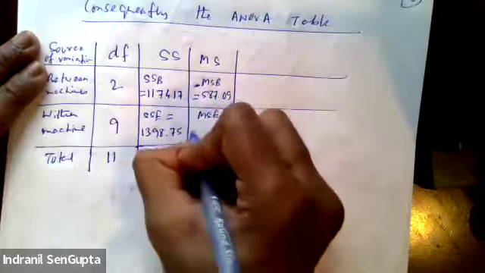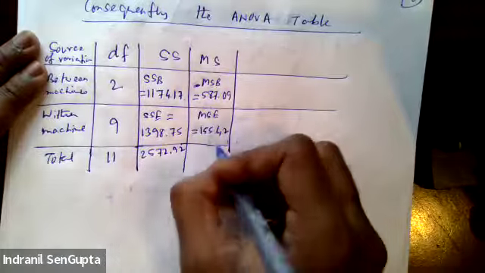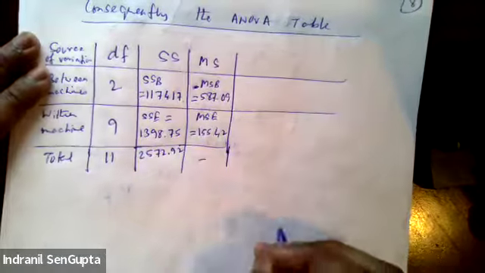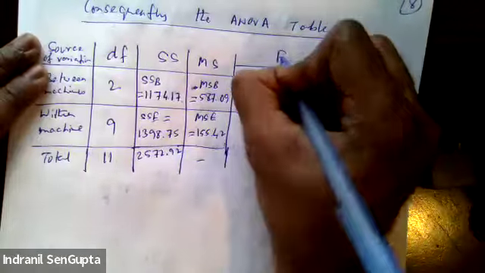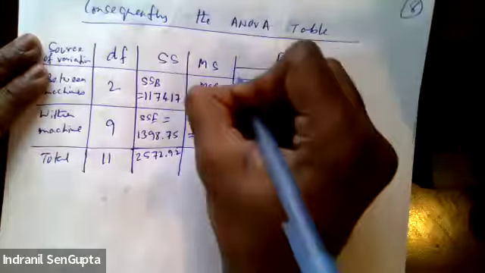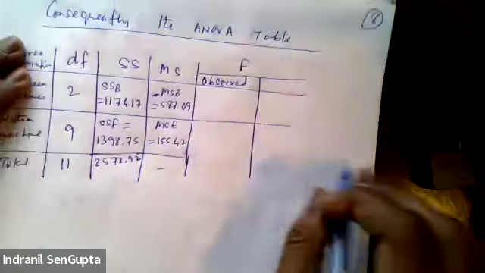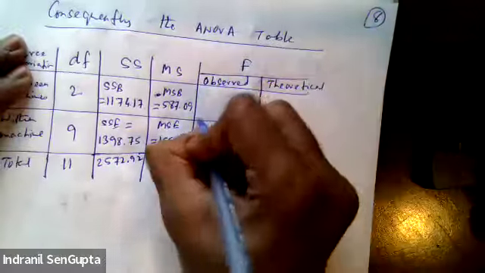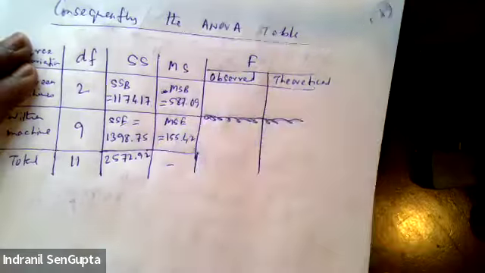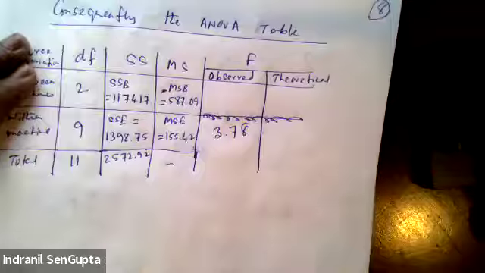MSE, we found 155.42. Okay, we don't really need the total. Now the F value, observed and theoretical. I don't really need this middle line. So the observed value, you find it 3.78.